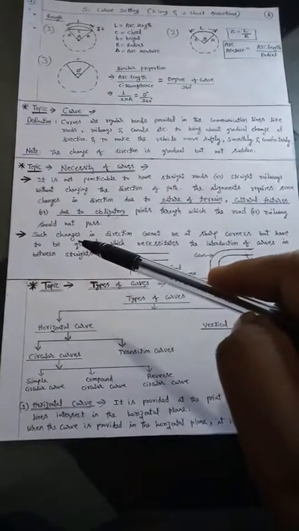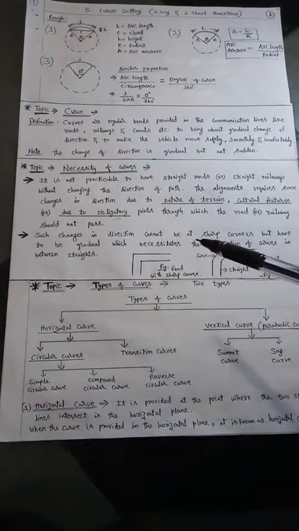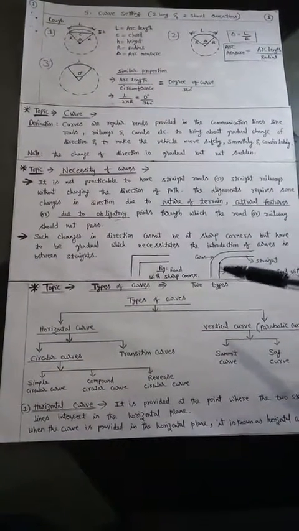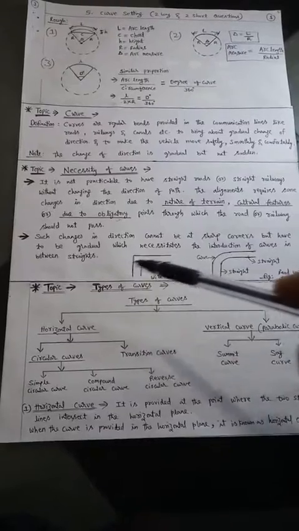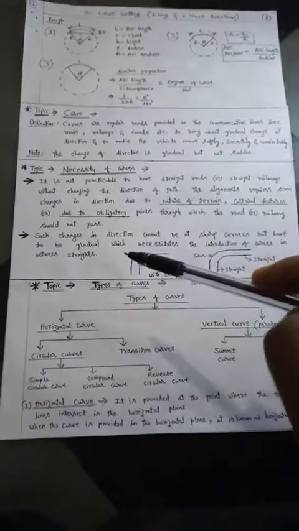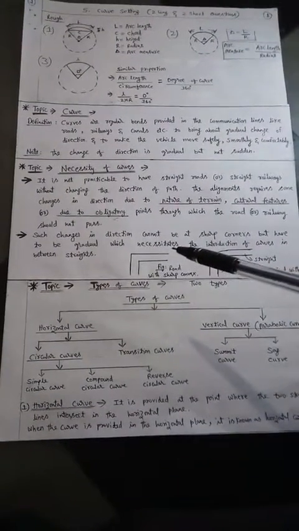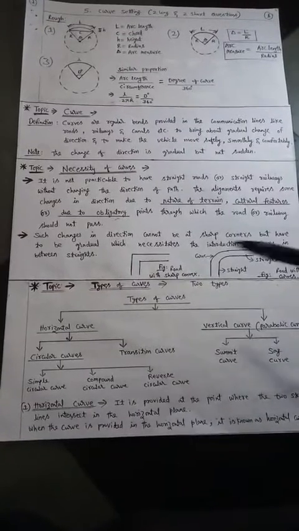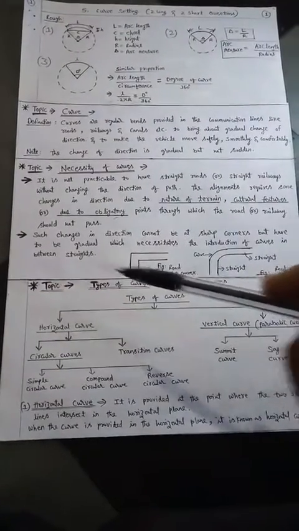Such changes in direction cannot be sharp corners. This is a sharp corner, but they have to be gradual, which necessitates the introduction of curves in between straights.